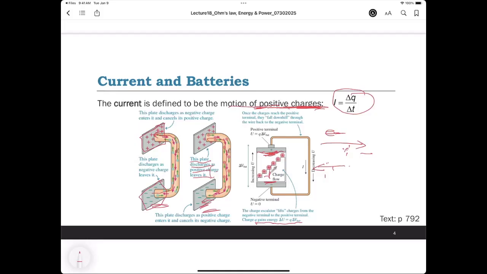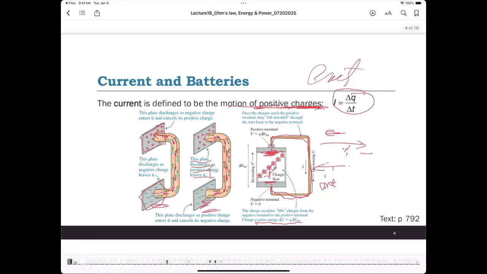Once the charges reach the positive terminal, they fall downhill through the well back to the negative terminal, and form the circuit, and then the current can go through the wire. This is how the battery works. We also talked about EMF. This is the maximum potential difference for the battery. This is what we talked about in last class.